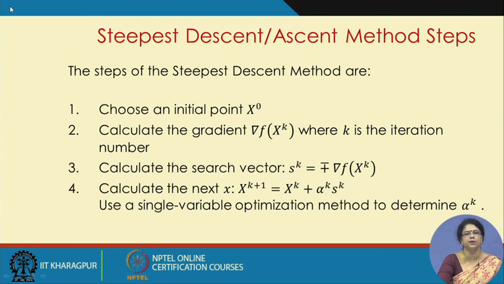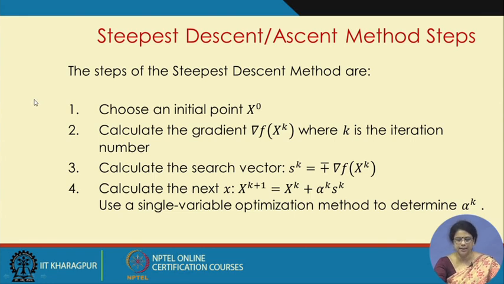If x naught is the initial point, then we will find x1, the next point, which is equal to x naught plus alpha k sk. Alpha here is the step length at the kth iteration, and sk is the direction. Sk is positive if it is maximization and negative if it is a minimization problem.